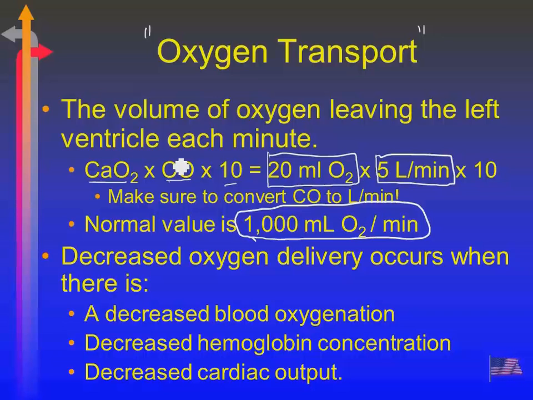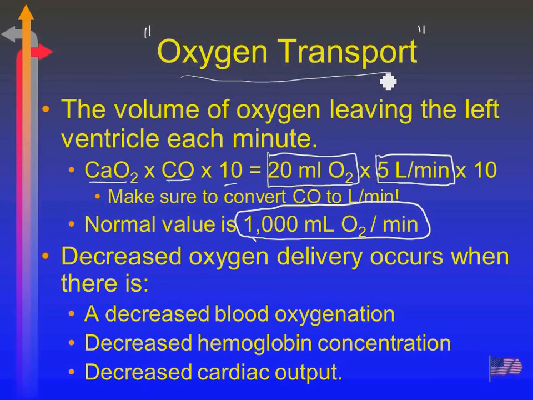Yeah. So is 10 going to be a constant? 10 is a constant. This is in milliliters per deciliter of blood. This is in liters per minute. To make all the units work out well, we multiply it times 10. So bottom line is that when we're looking at oxygen to the tissue, there's multiple factors involved.